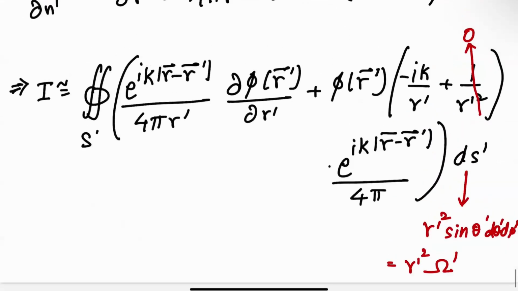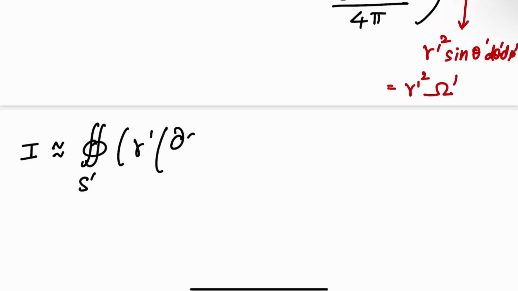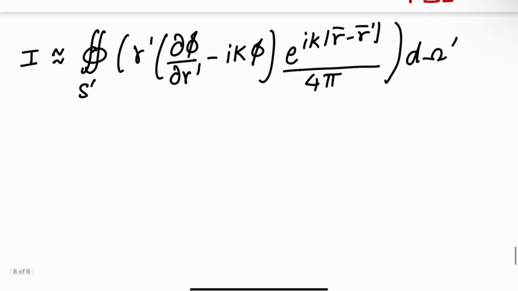Making that approximation, we end up with I approximately equal to the closed surface integral over S' of r' [dφ/dr' − ikφ] e^(ik|r−r'|) over 4π dΩ'. Again, our original goal was to say that this should be 0.